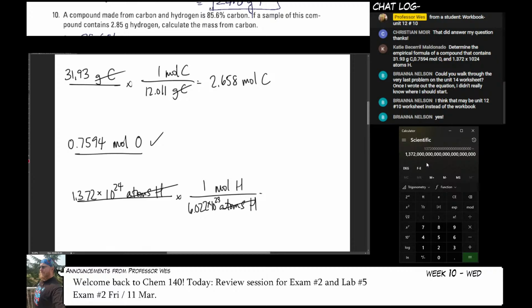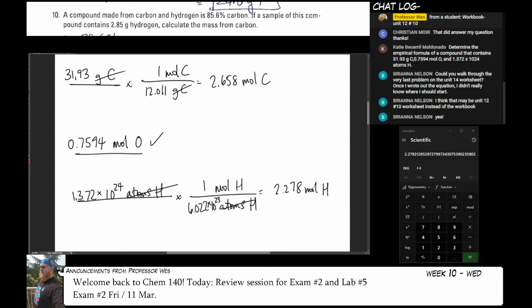Oh, there we go. That's what I want. Divided by 6.022 times 10 to the 23. Now I have times 10 to the 0, so... Oops. No, that's not what I wanted. There we go. So now I get 2.278. Yeah.